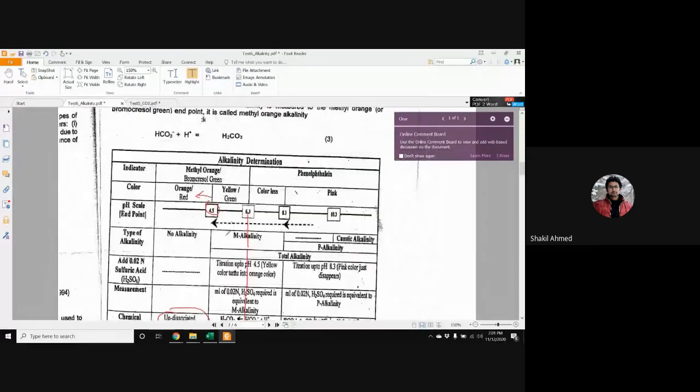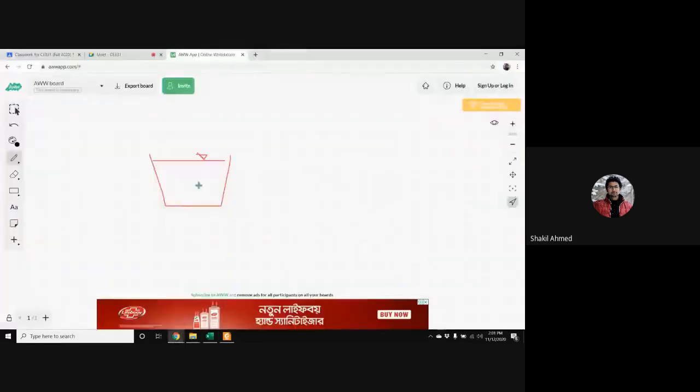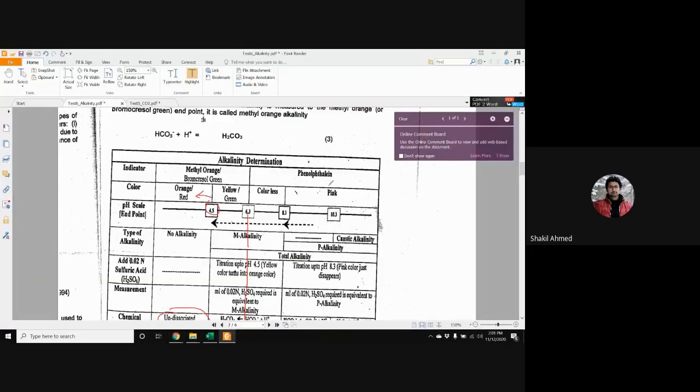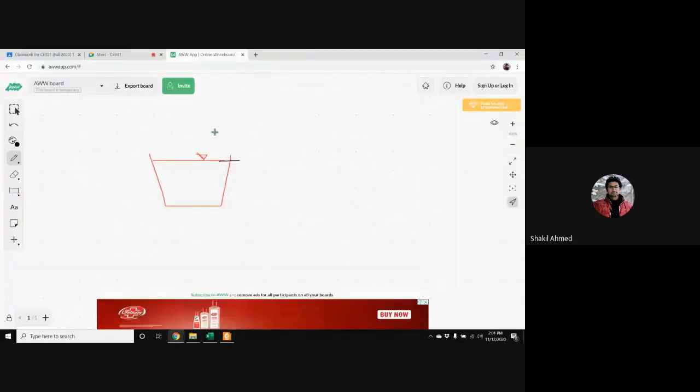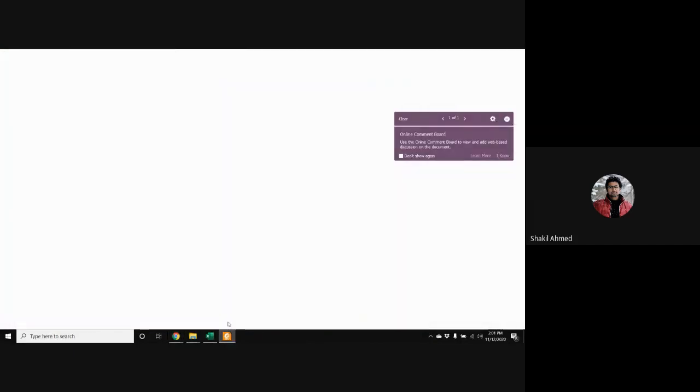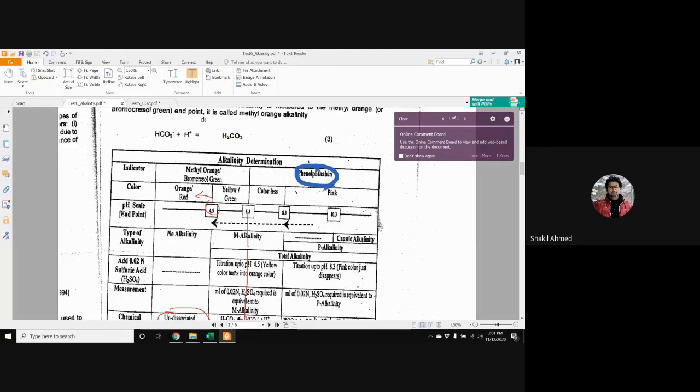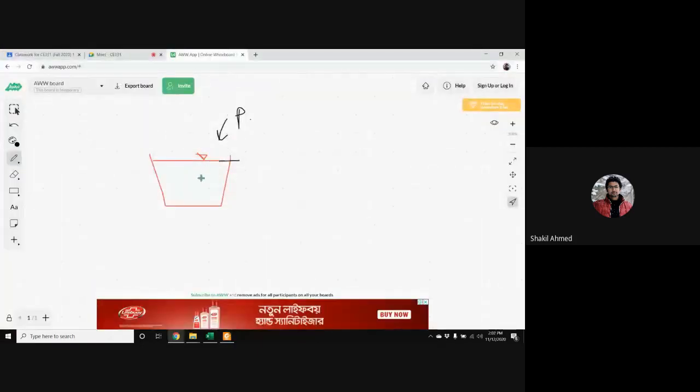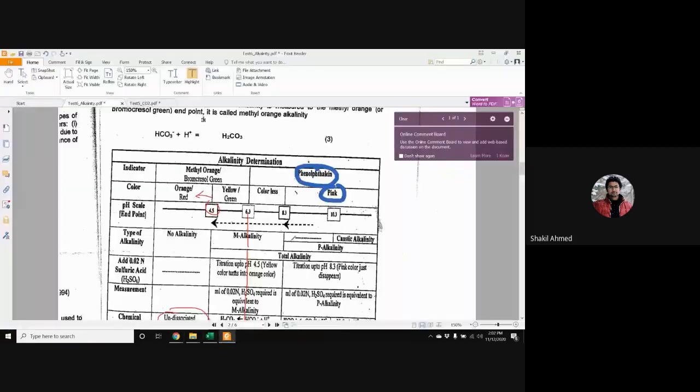In this sample, if you add phenolphthalein, P indicator, and it turns pink after addition of phenolphthalein, that tells you that your pH is greater than 8.3.